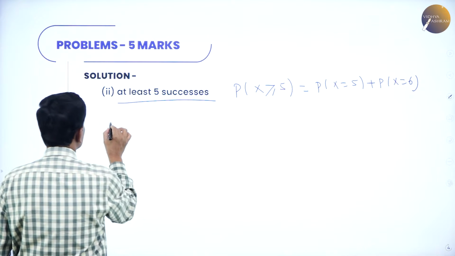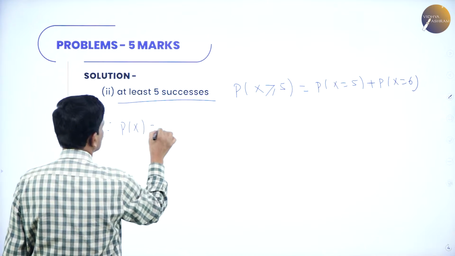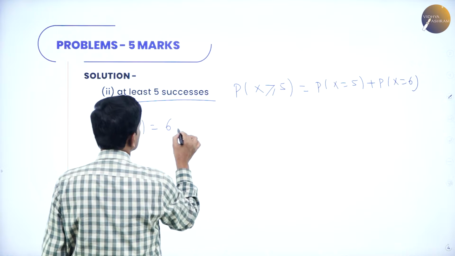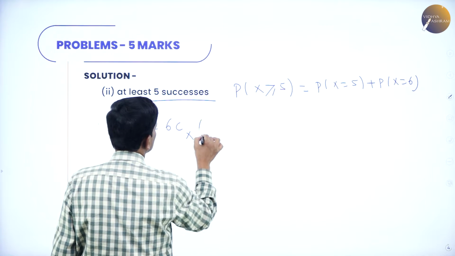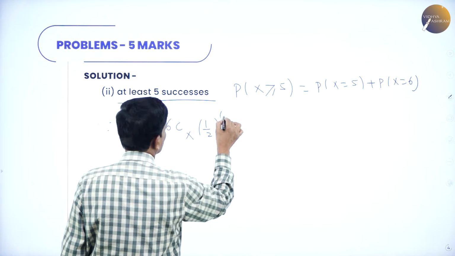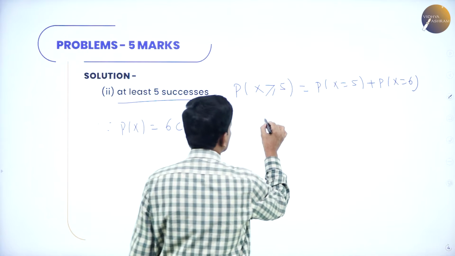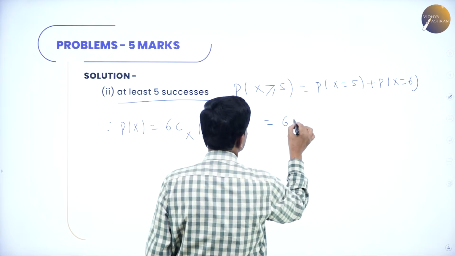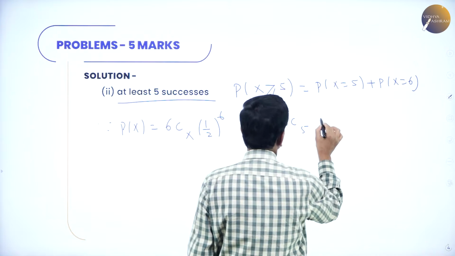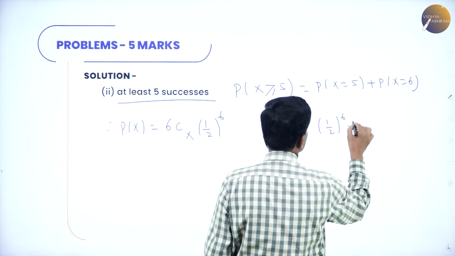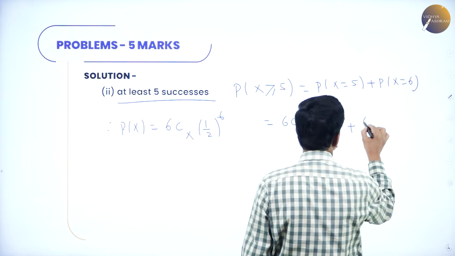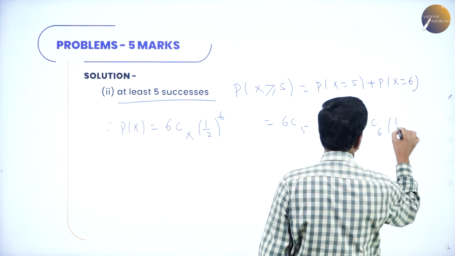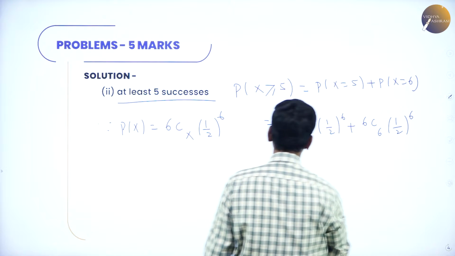Since we know P(x) = 6Cx into (1/2)^6, substitute here. When x is 5, this is 6C5 into (1/2)^6, plus when x is 6, 6C6 into (1/2)^6.